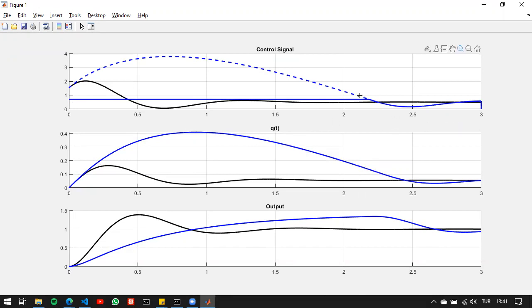Therefore, even though we are not outside the limit, we have this integral part, and it's causing some problems. Now, what should we do? Ideally, what we might expect is that during this portion here, we should apply this blue control signal, namely the limit.